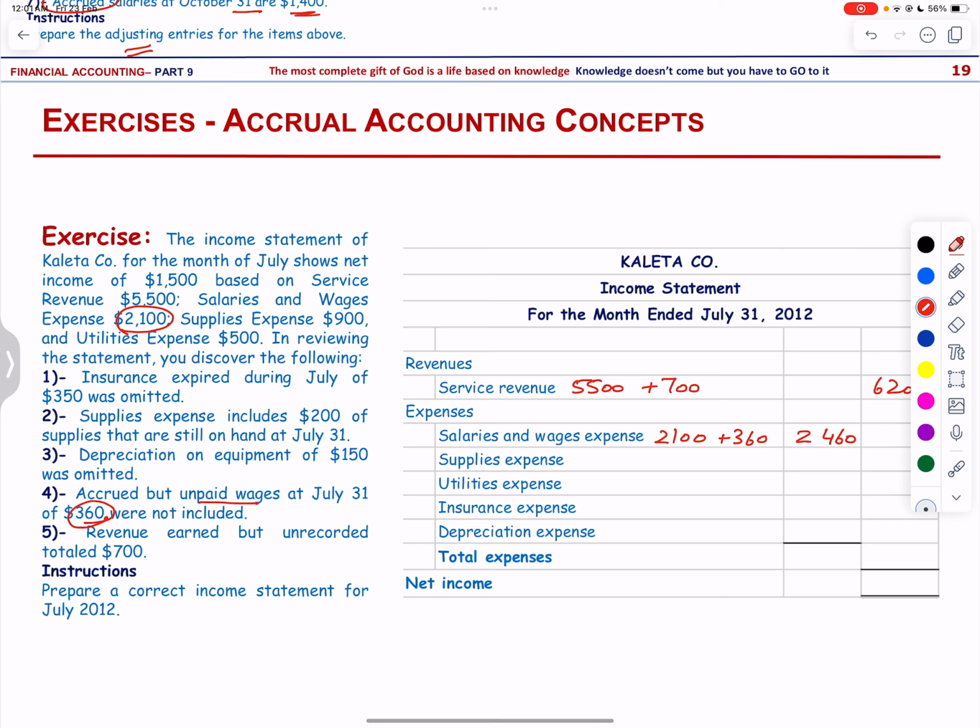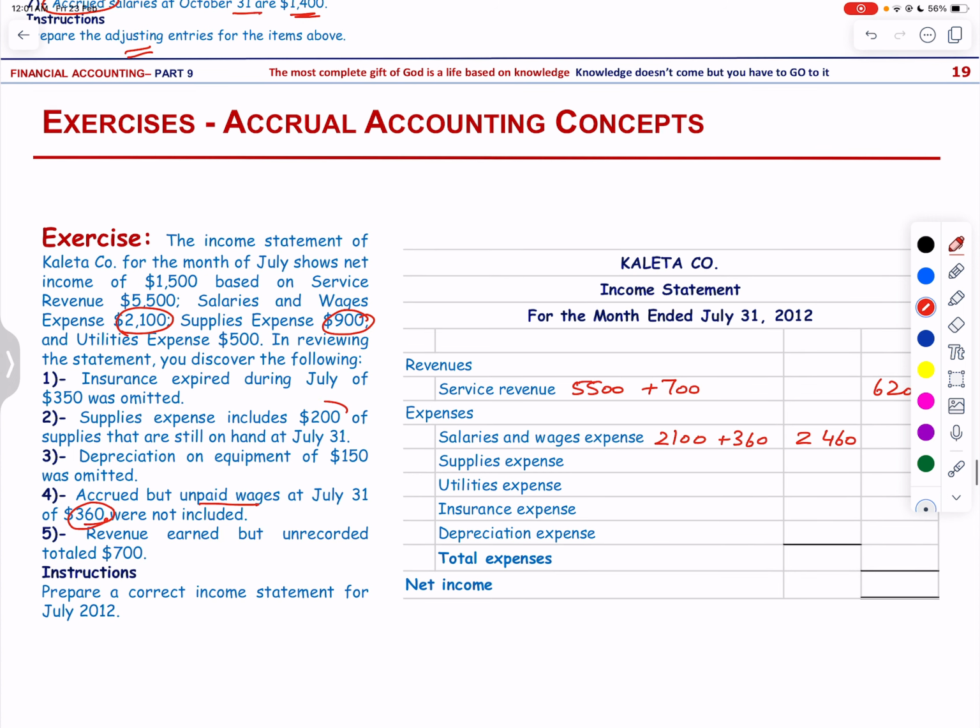For supplies expense, you can see we have 900 and supplies expense includes 200 of supplies that are still on hand. So 900 minus 200, that will make 700. Then we have utilities expense of 500, no adjustment for that.